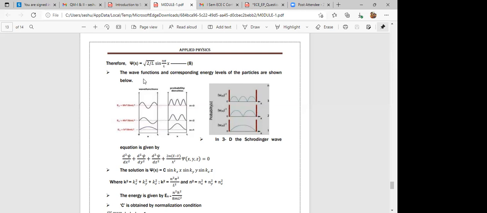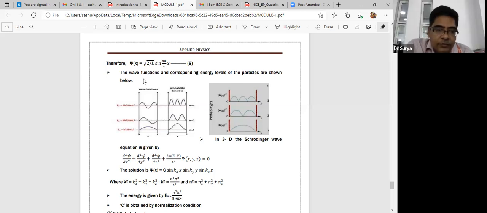So E1 equals to h square by 8ml square, E2 equals to 4h square by 8ml square, and E3 equals to 9h square by 8ml square. So these are the wave functions and probability densities. And the three-dimensional case was a different case. The Schrodinger wave and probability density were shown here.